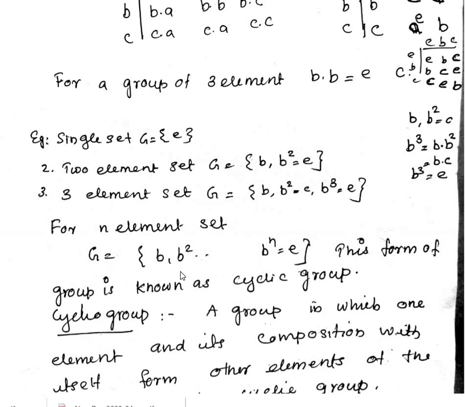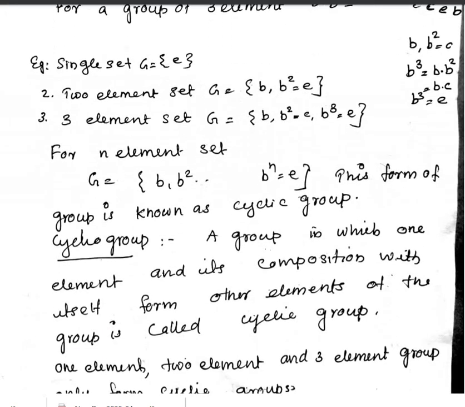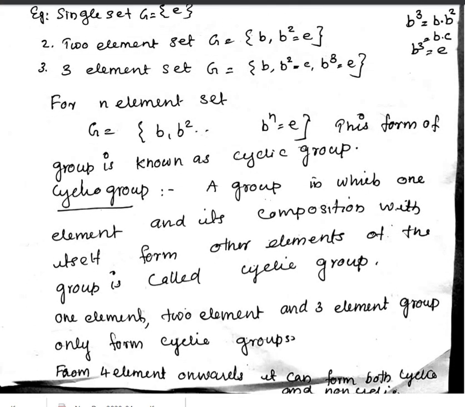So G is equal to B, B square, etc., B raised to n, where the condition is that B raised to n should be equal to E. This form of group is known as a cyclic group. So a cyclic group is a group in which one element and its combination with itself form the other elements of the group.